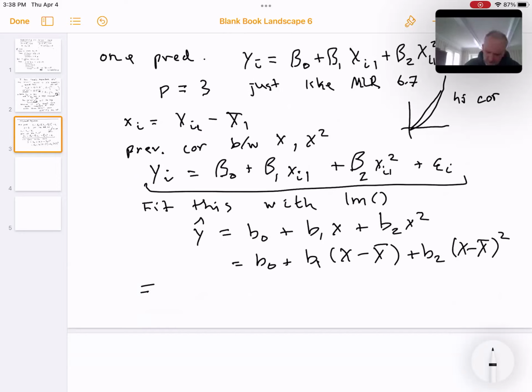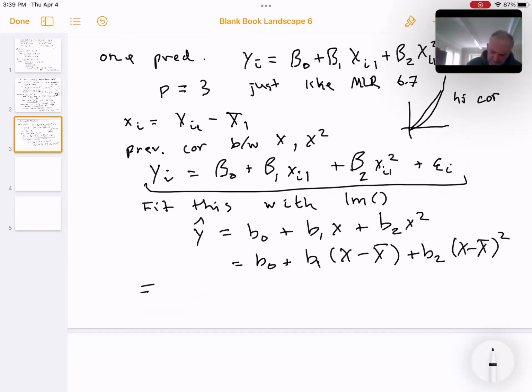Yes. The x bar is constant, right? I just want to write it out in terms of x and x bar. So I'm going to bring the x bar over to the B0. If you think about it, x bar is just a single number and it can go with the B0.